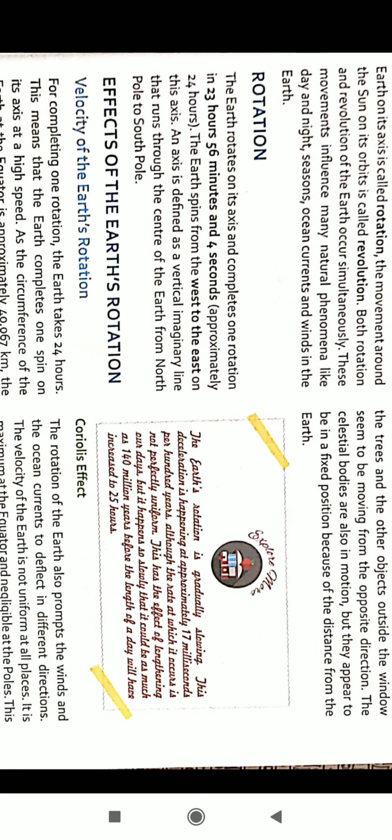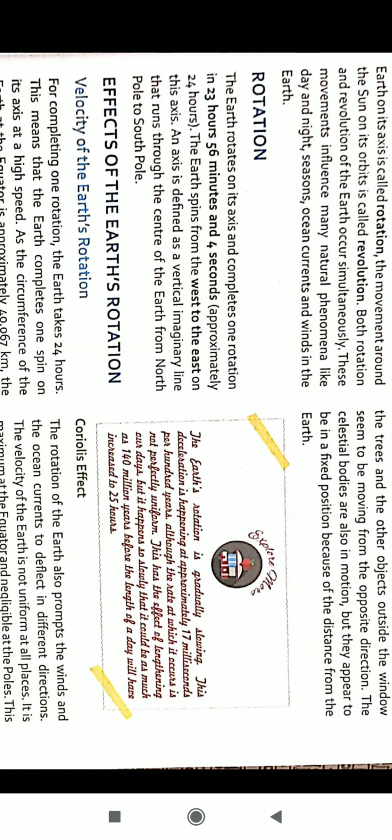The axis of the earth is an imaginary line passing through the center of the earth on which it rotates, my dear students. The earth takes 24 hours to complete one rotation on its own axis. The two poles, namely the north pole and south pole, make two ends or limits of the axis.